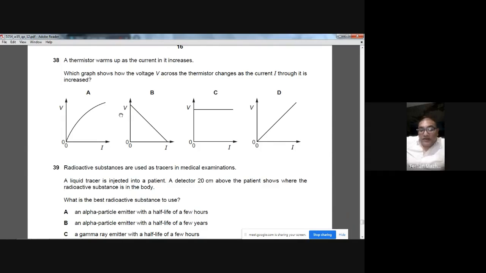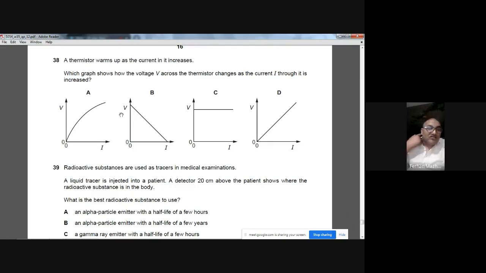So it means that the power is given by P equals IV, or the energy is given by IVT. So if the I has increased and the power dissipated has also increased, it means the value of V has also increased. He's not talking about a normal thermistor, which we study in our course.